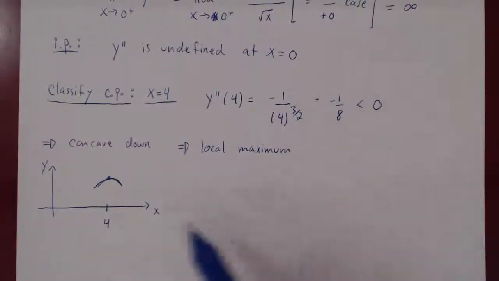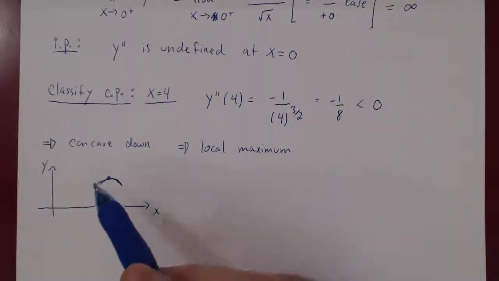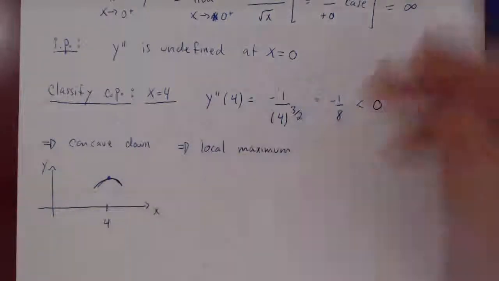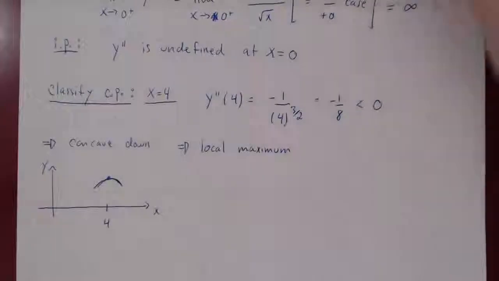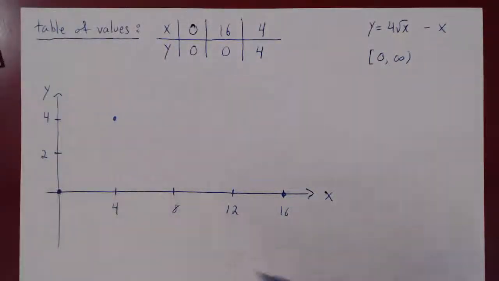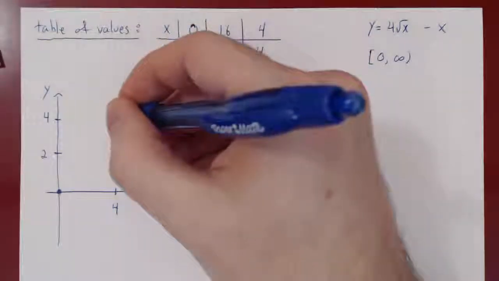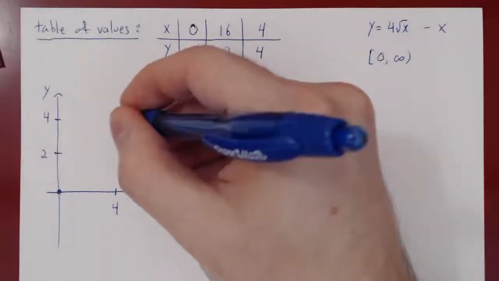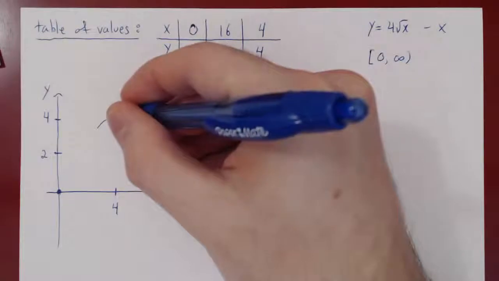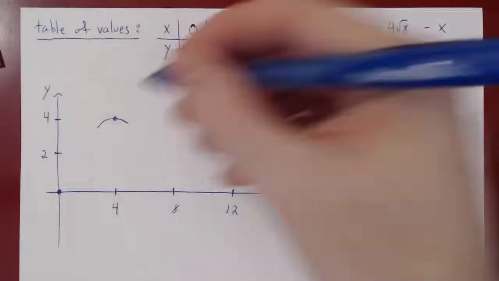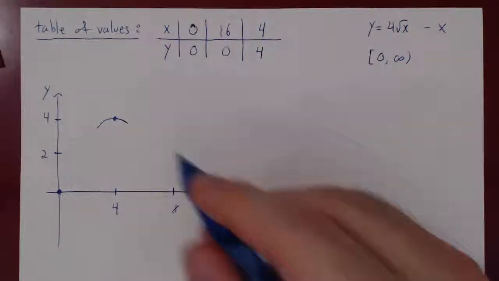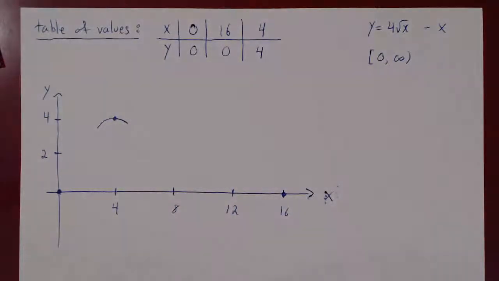And we had found that at x equals 4, the curve gave us a local maximum. So let's just copy this part onto the point x equals 4, y equals 4. So at x equals 4, we have a local maximum.